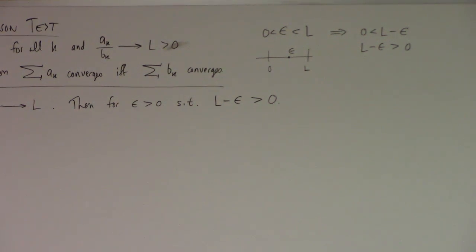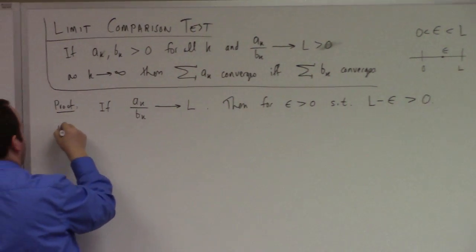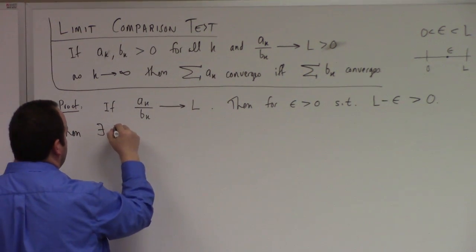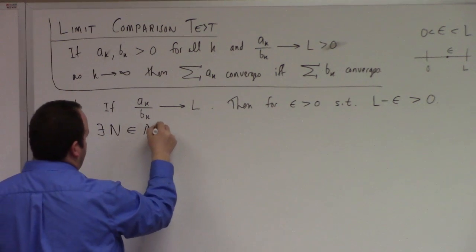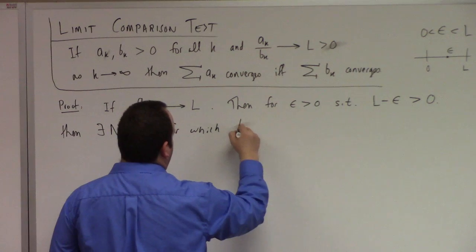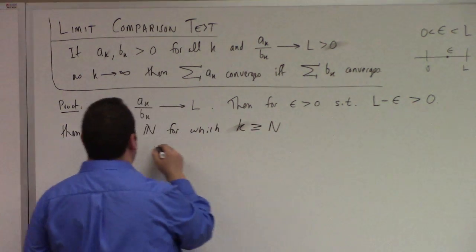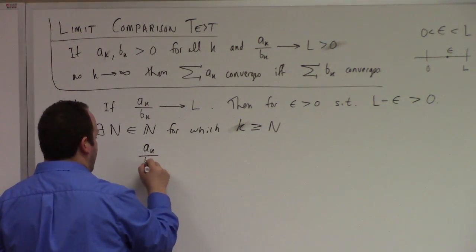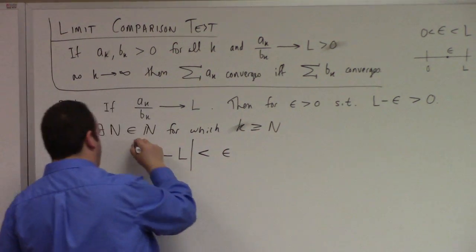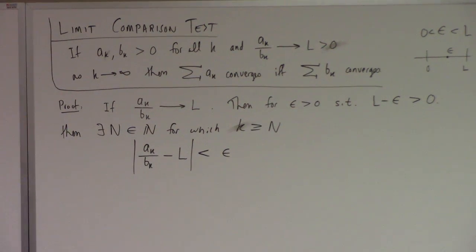If you think about an epsilon greater than 0 such that L minus epsilon is positive, then by convergence of this quotient, there exists some n in the natural numbers for which, if k is greater than or equal to n, we get |a_k over b_k minus L| is less than epsilon. That's what it means for the limit to exist: for any epsilon greater than 0, we can make that difference small.